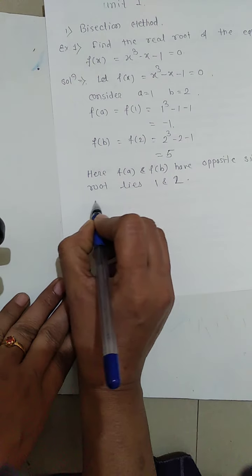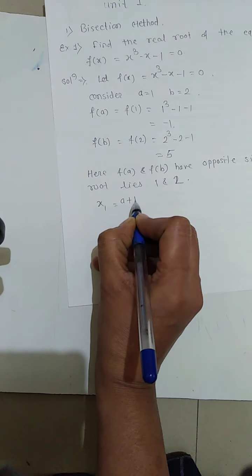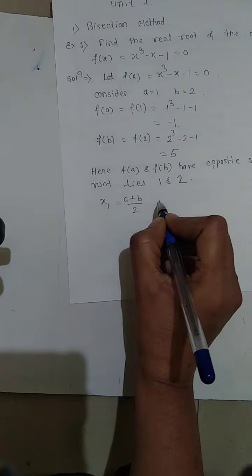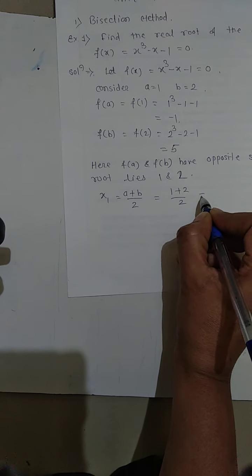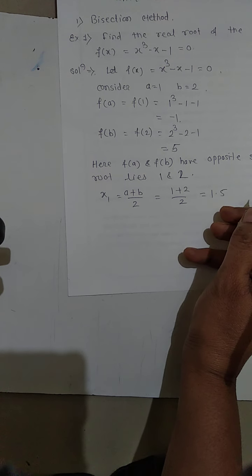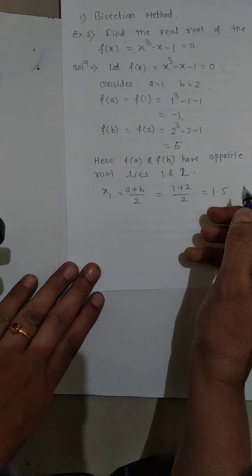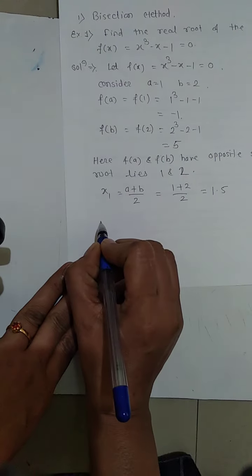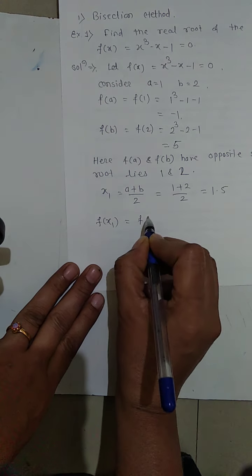Then we take x1 = (a + b)/2 = (1 + 2)/2 = 1.5. Then put the value of x1 in this function and find f(x1), where x1 = 1.5.